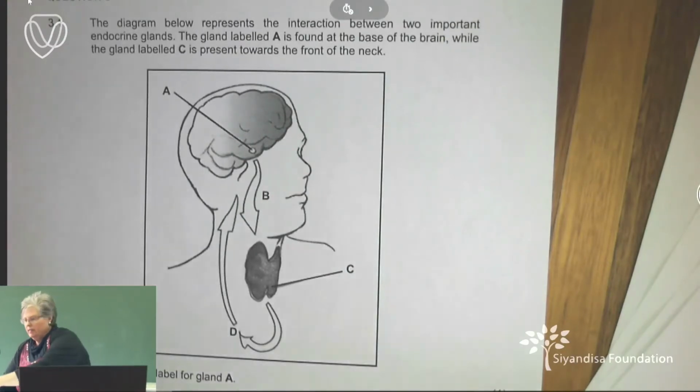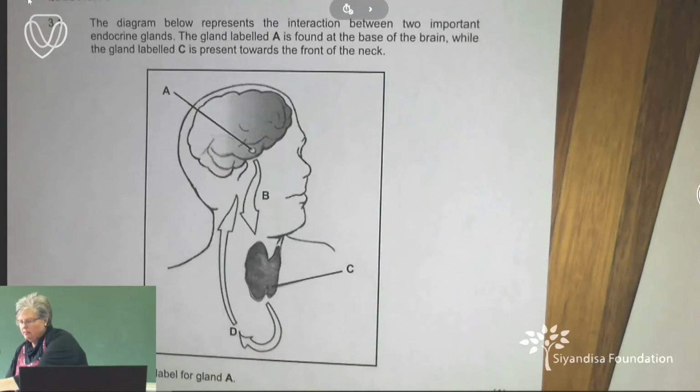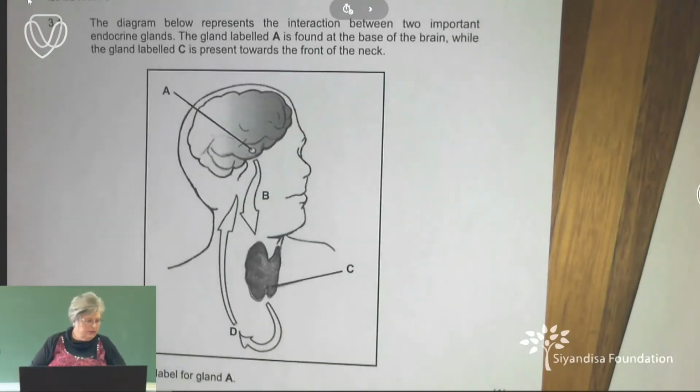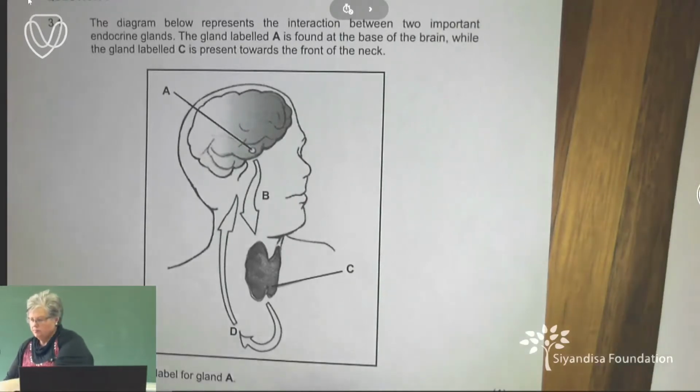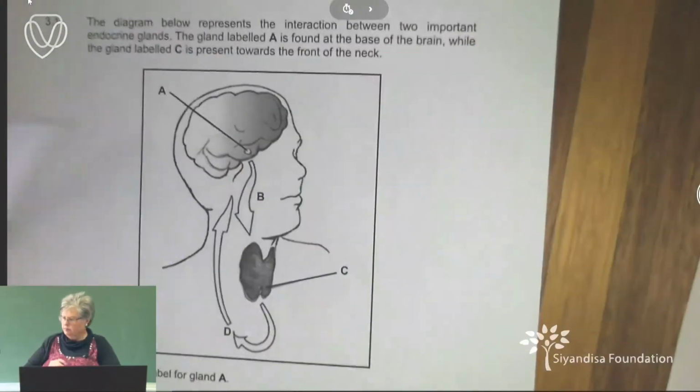Gland A is found at the base of the brain, while gland C is towards the front of the neck.